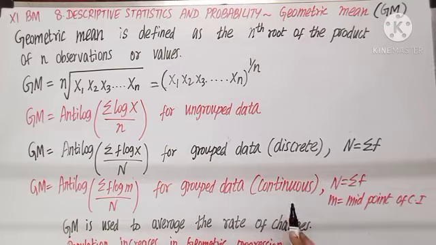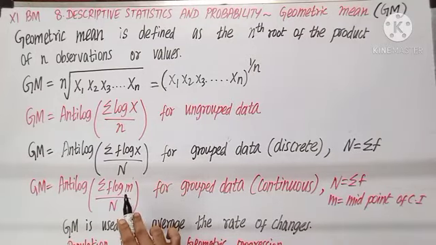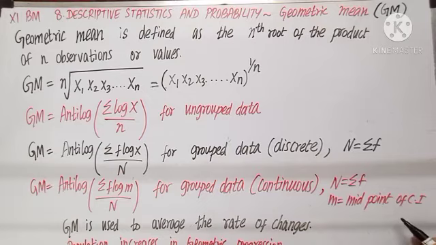If it is continuous data, instead of x, I will use m. What is this m? m is the midpoint of the class interval. For each class interval, 10 to 20, 20 to 30 like that, calculate the midpoints. Call it m, then proceed in the same pattern.